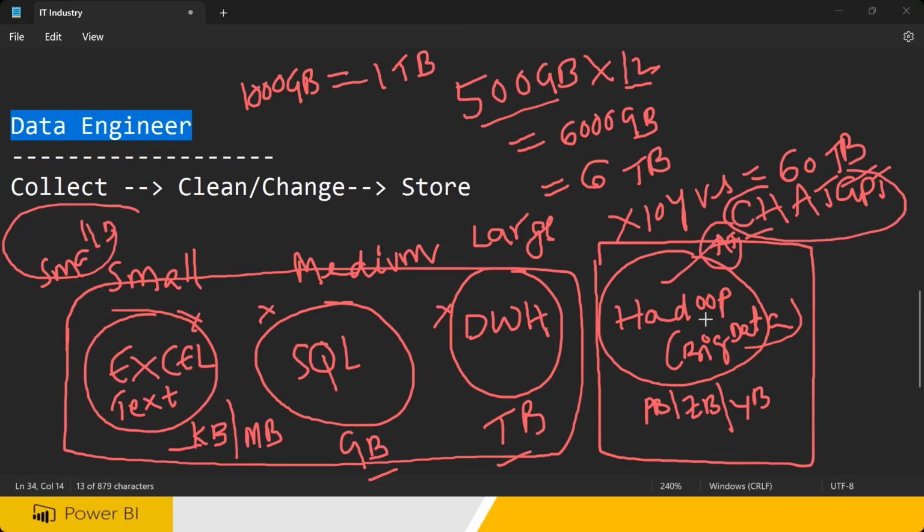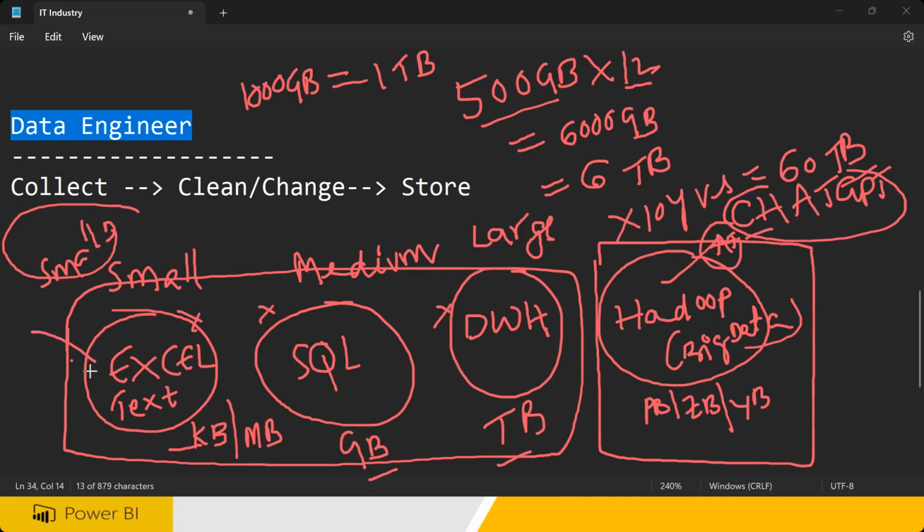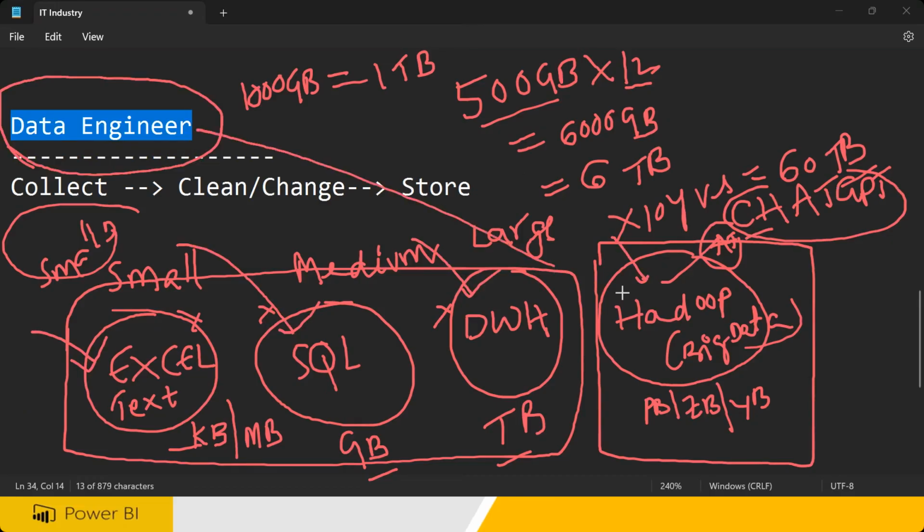So these are the things that the IT industry has today. Now, who's going to be getting the data? Either you get small data and store it here, or you get the small data and store it here. All the data people are going to be getting, storing and cleaning. This work is going to be done by the data engineering team. Tomorrow, if ChatGPT is to work, a data engineer has to set up this system.